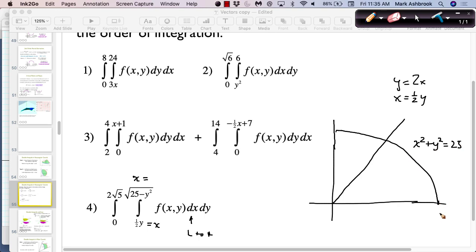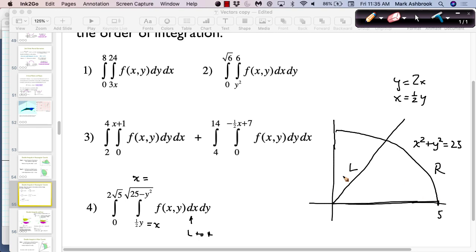So this is 5 here. Okay, and so if we go from, this is left to right, are we in Exhibit A or Exhibit B? B, because this is the left side, right? This is left, and this is the right side. Okay, then from bottom to top, 0, down here, to 2 square root of 5.